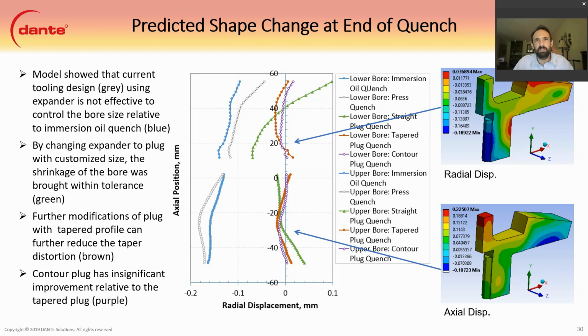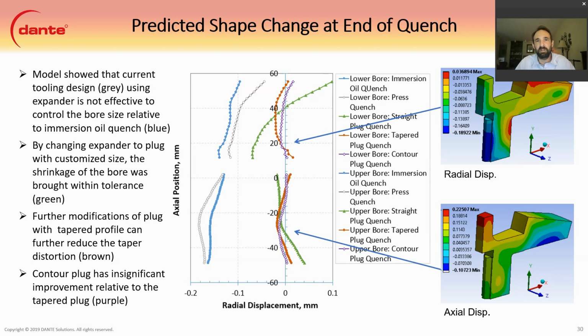And the plug here we chose oversize of, I believe it was 60 thousandths. So you can see that the plug ends up introducing some taper. But the bore dimension, as far as shrinkage goes, was greatly improved. So much so that the customer was actually happy with this and used the plug to great results.